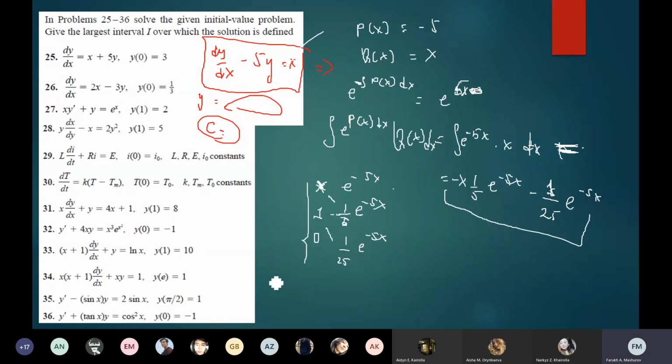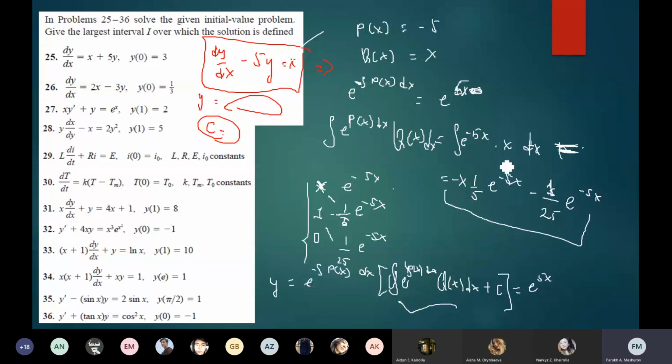We need to write y is equal to e to the power integral of minus p(x) dx, times the integral of e to the power integral p(x) dx times q(x) dx, plus c. So instead of e to the power minus integral p(x), we know that this one is equal to 5x. I need to write just e to the power 5x, and instead of this one I need to write this function.